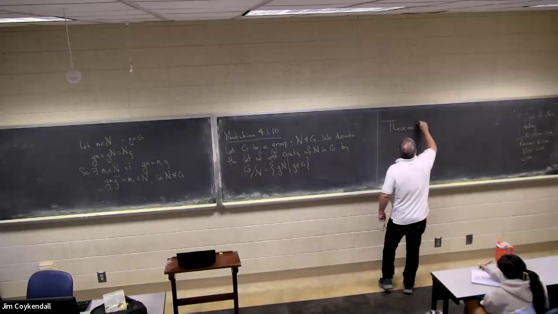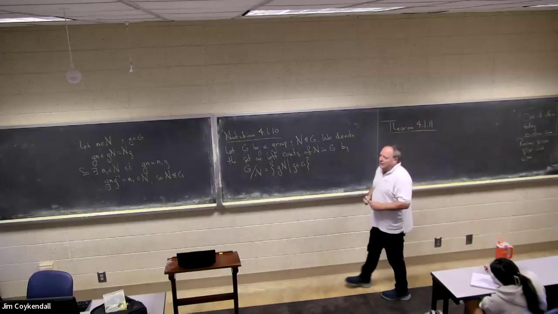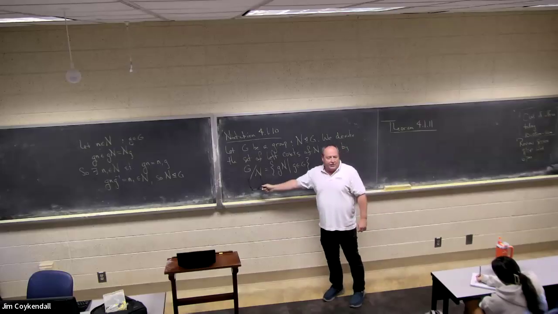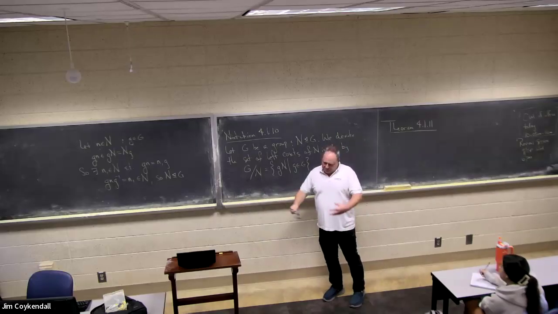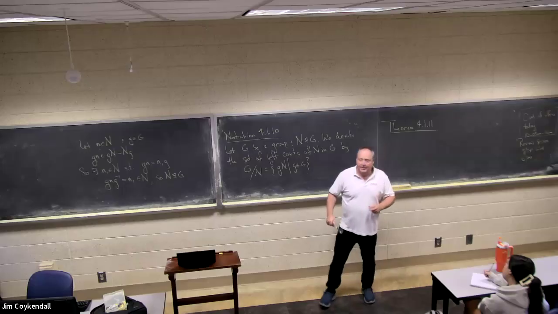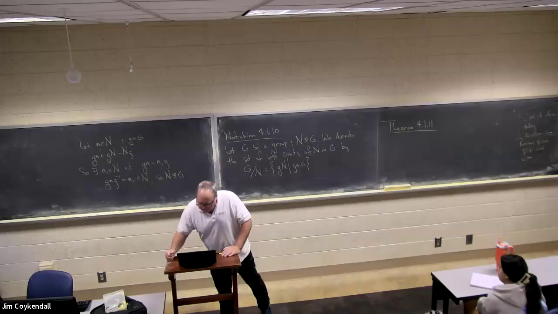Theorem. Here is the magic spoiler. If you look at the set of cosets, they themselves form a group if N is normal. And that is the real important thing here.